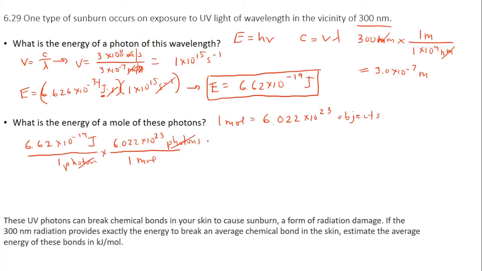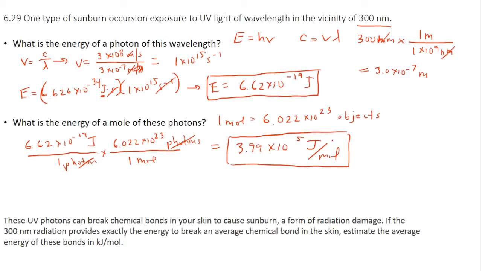So photons cancel out, and we're left with joules per mole. We multiply 6.62 times 10 to the minus 19 by 6.022 times 10 to the 23rd to get approximately 3.99 times 10 to the 5th joules per mole of photons. So this is joules per mole.